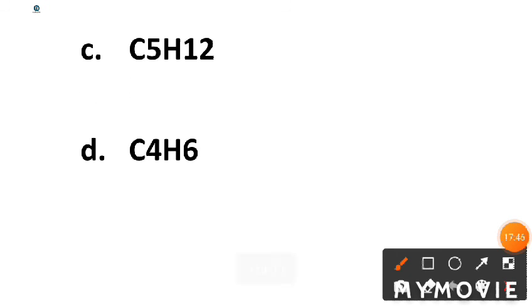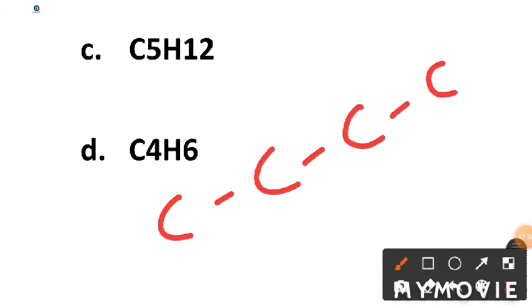Now the last one, we see C4H6. If we put here a triple bond, then now we count its valency. 3, 1, 4, it is satisfied. 3 and 1, it is also satisfied. Now here 1, then we have to put 3 valency.